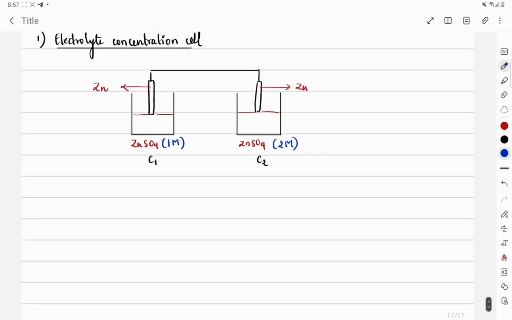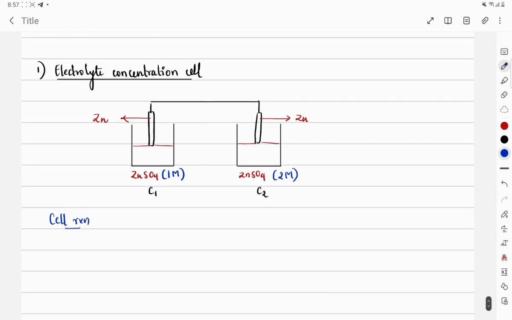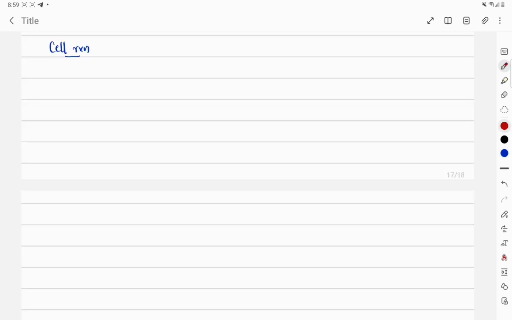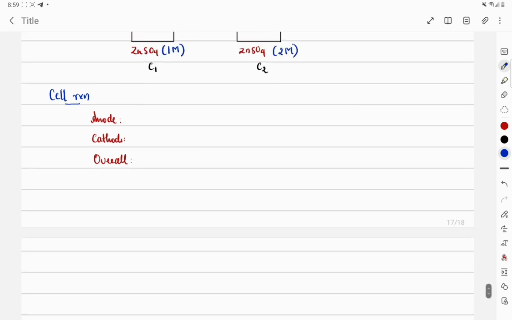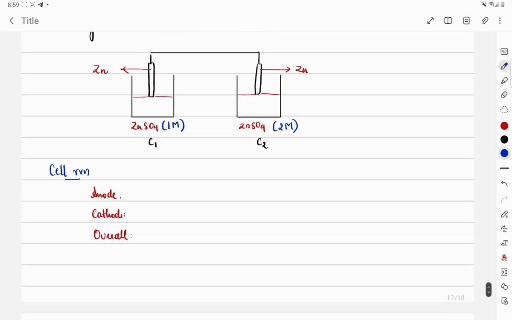So the cell reaction, what is happening at the anode? We usually write the anode reaction and sum it up with the cathode reaction to get the overall cell reaction. So at the anode we have oxidation. So zinc should be oxidized into Zn2 plus and go into the solution.